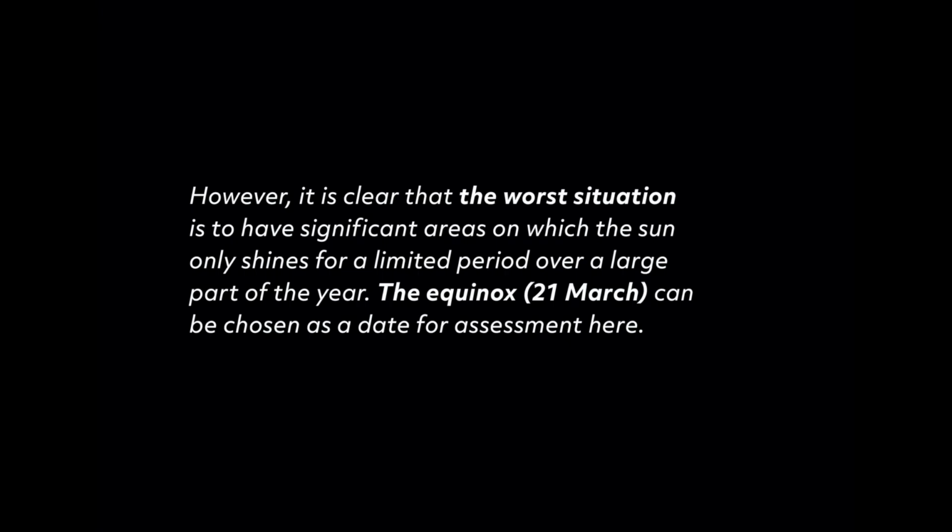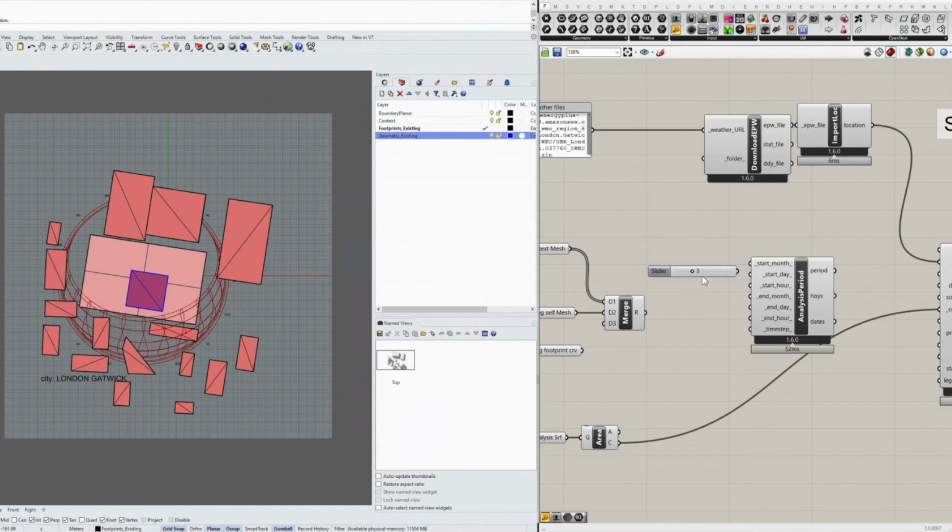According to BRE guidelines, it is recommended to use the sun hours of 21st of March for the purpose of this analysis. So we can go ahead and put 3 for both start month and end month, and 21 for both start day and end day.